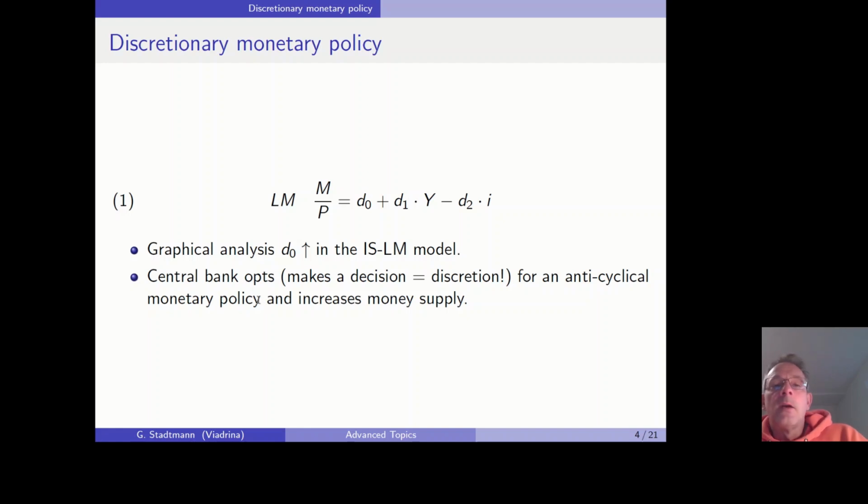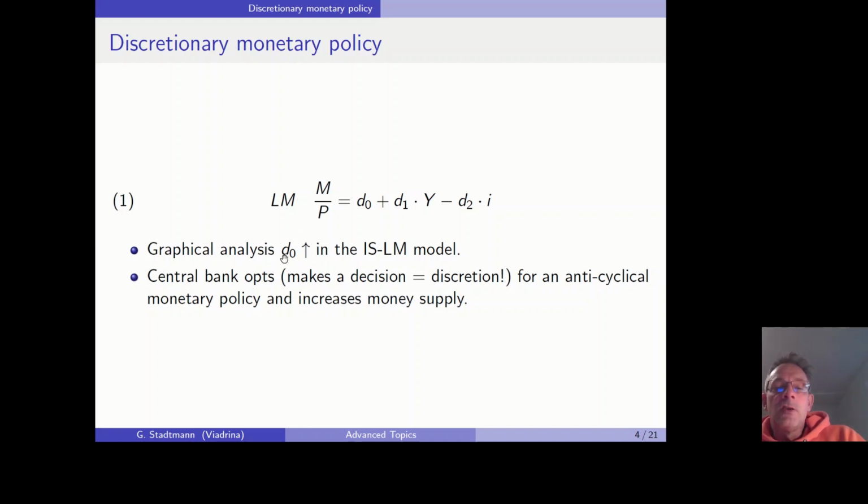So, what is the difference between a monetary policy rule and a discretionary monetary policy? I would like to highlight this by giving an example for a discretionary monetary policy. I would like to discuss a shock in the ISLM model. We have here the IS equation, and the assignment question is that you should analyze a shock in money demand.